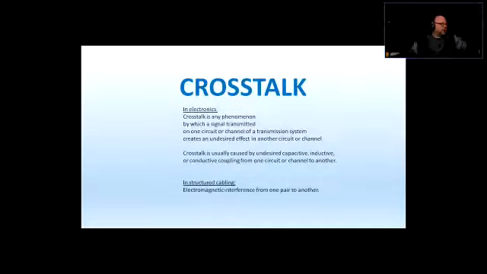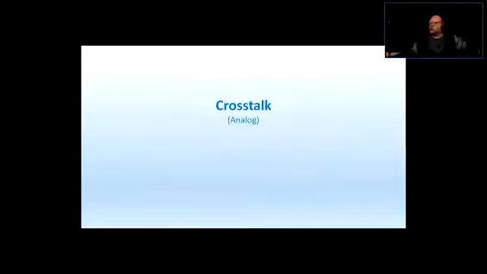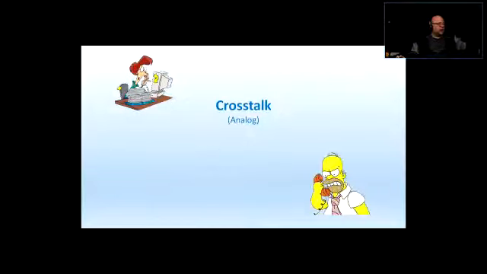Crosstalk in analog systems. Crosstalk affects analog systems in a slightly different way than it affects digital transmissions. So let's say we have a very pleasant telephone conversation between two wonderful people.